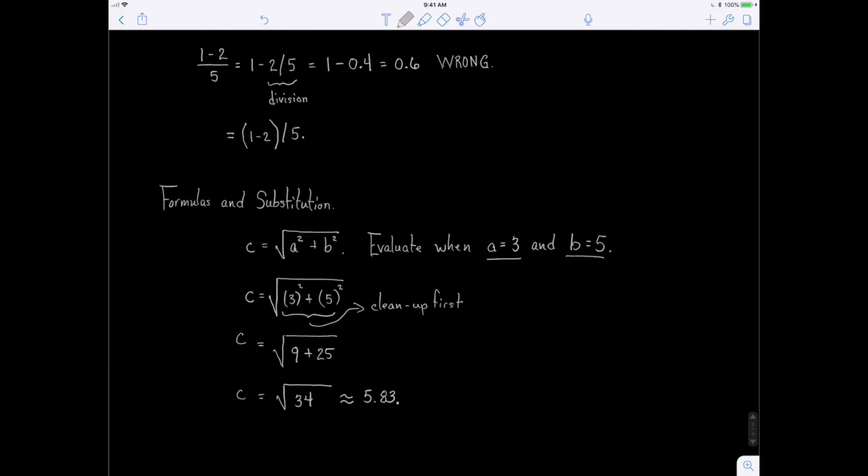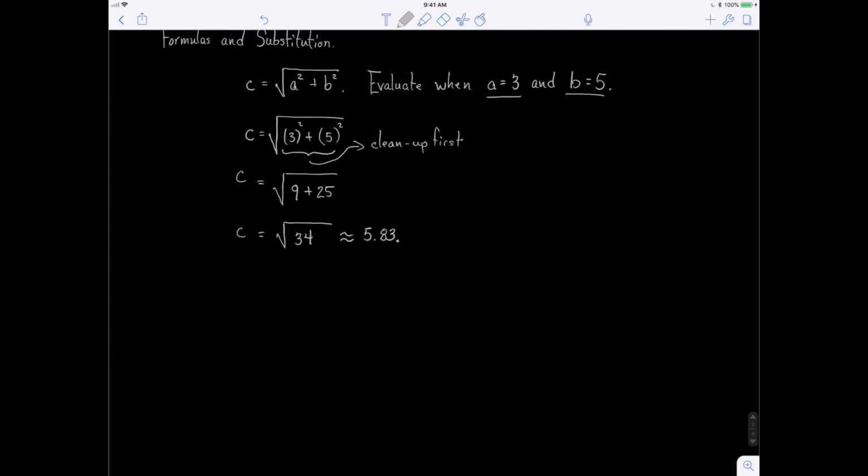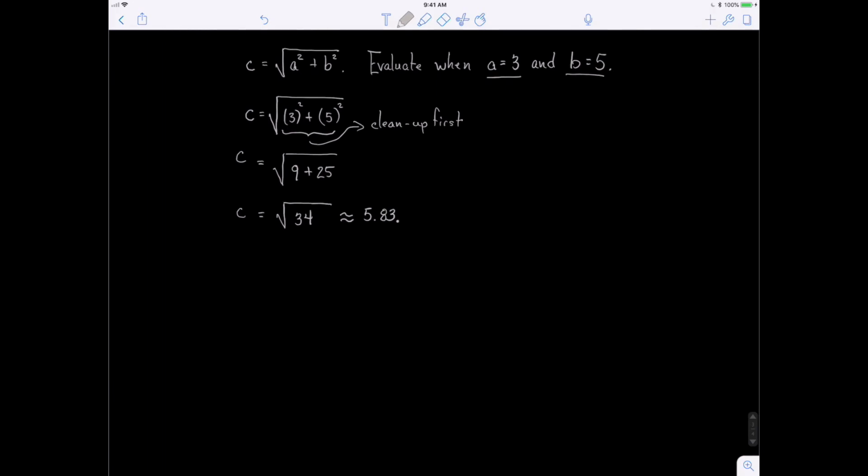Now, there's one last thing you need to know, and that is this. Say I have a number of -4. If I give you a formula, and I say that x is -4, and I want you to evaluate what happens when x is squared.